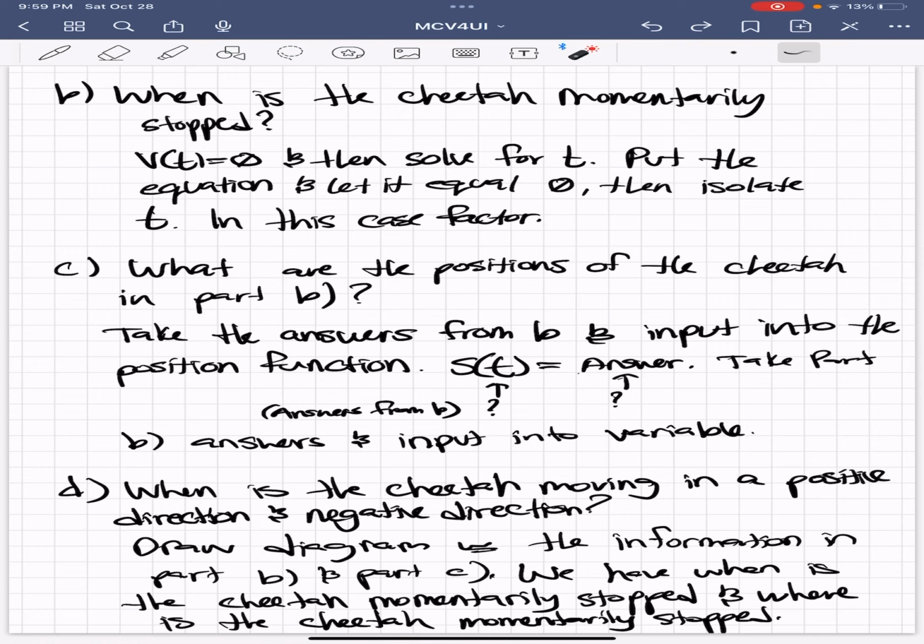We take those times, and what are the positions of the cheetah in part B. So we take the answers from part B and we input it into the position function. So we'll get 2 answers because we're going to factor, and then we'll input those answers into s of t, and then we'll get the answer of the position of where the cheetah is at those times.